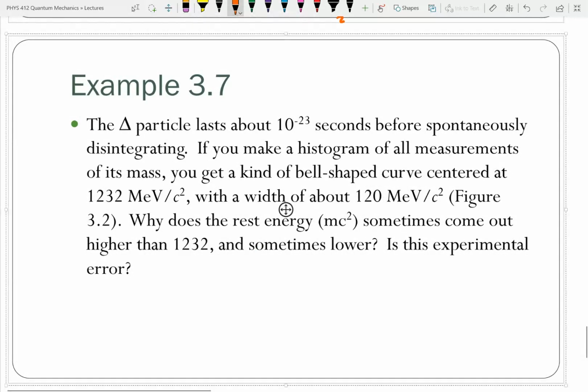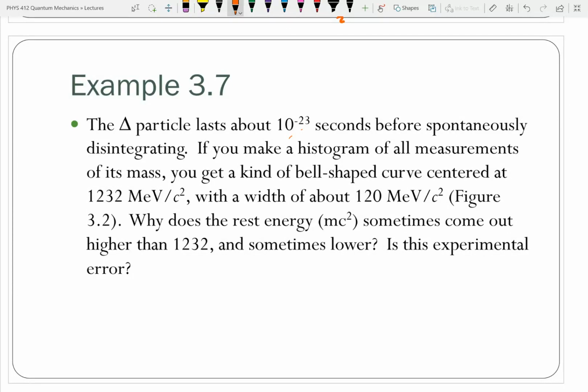It says a delta particle lasts about 10 to the minus 23 seconds. You know what no human can do? Time anything that fast. So that's why I said we're doing this backward. There's no way they measured that time as 10 to the minus 23 seconds. Instead, they do what we're going to do here to infer that time.